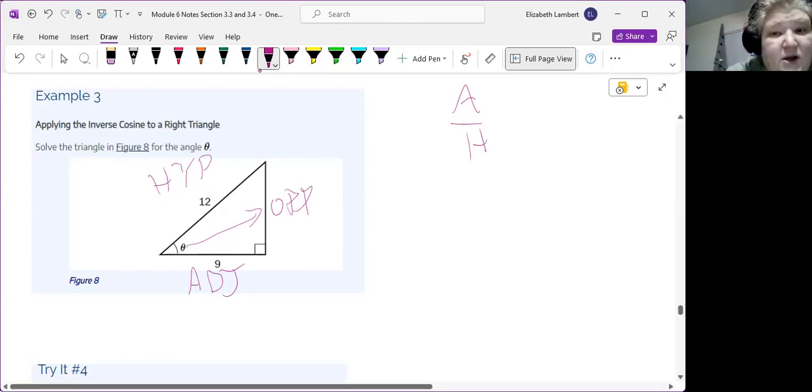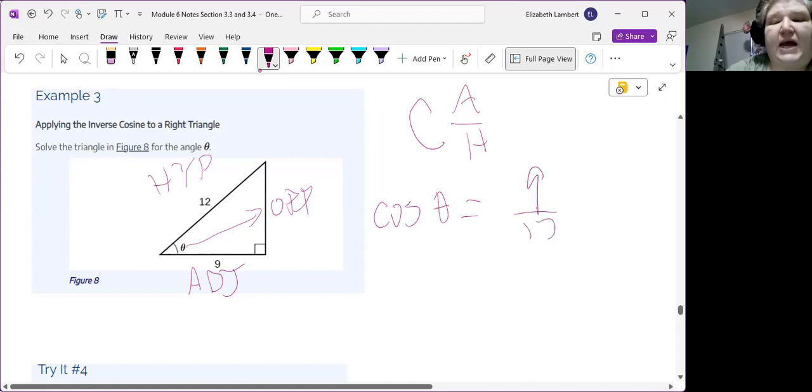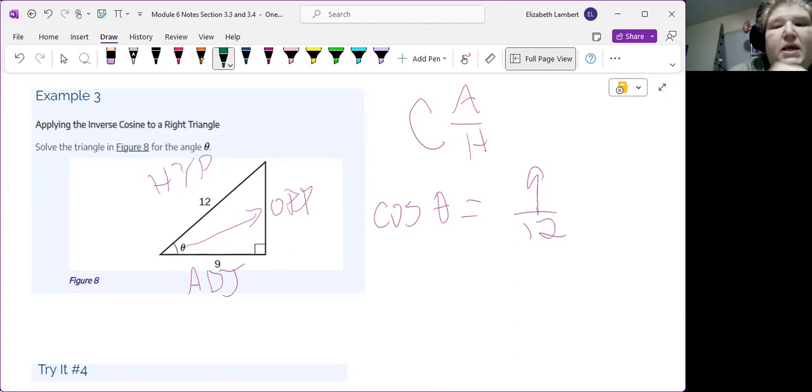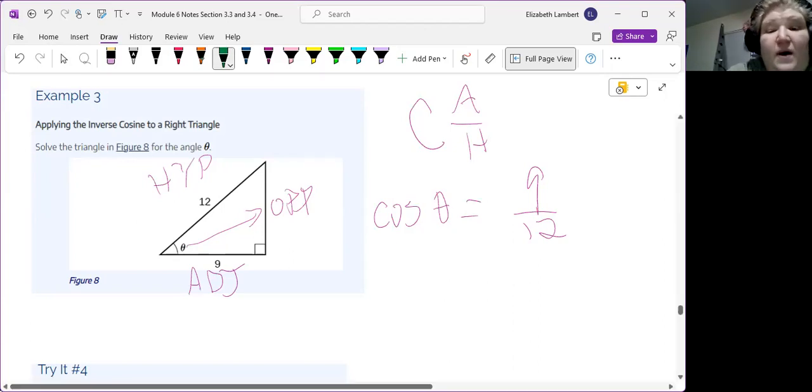So it's not so, it's ka. So the cosine of theta in this triangle will be 9 over 12. Now, to figure out what theta equals, I am going to take the inverse cosine of both sides.